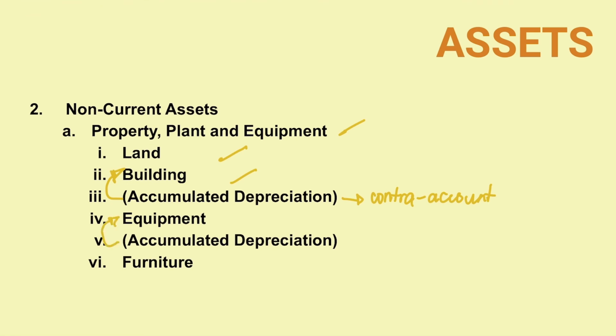So for example, we have accumulated depreciation for building, and we also have accumulated depreciation for equipment. And we may also have furniture under our property, plant, and equipment. So those are examples of asset accounts.